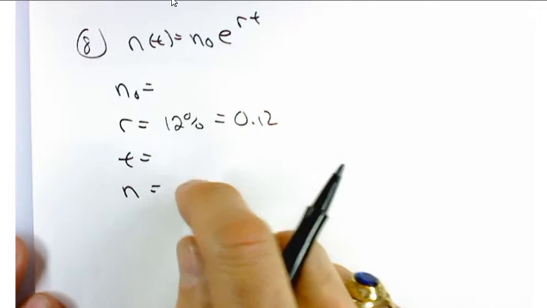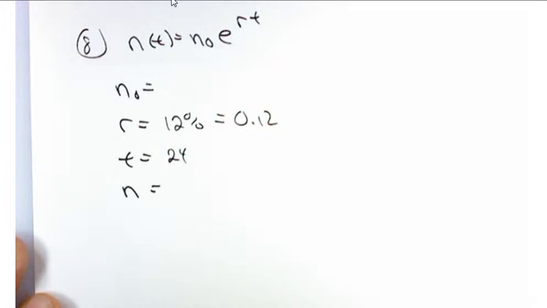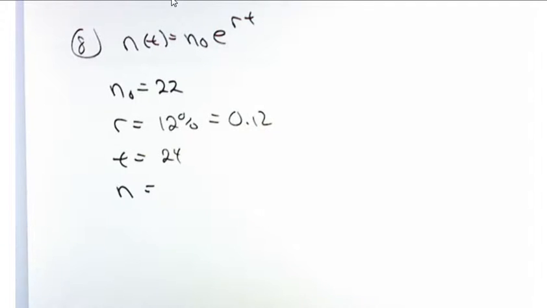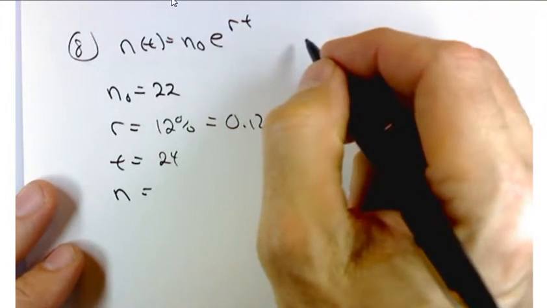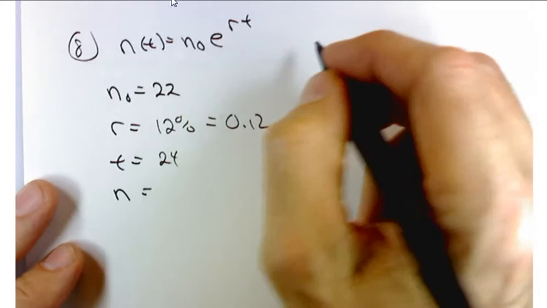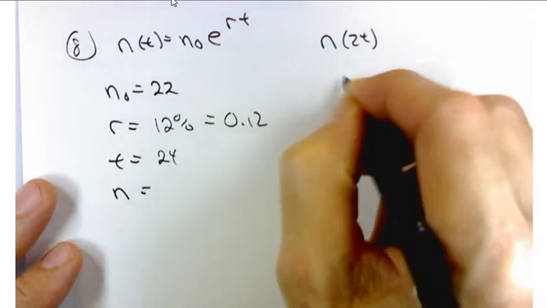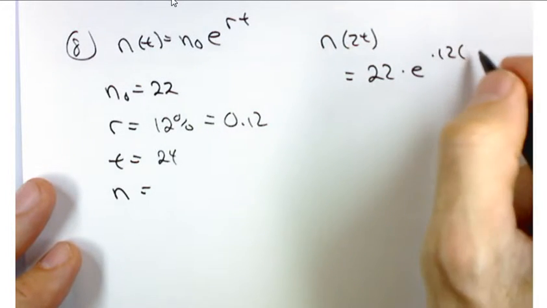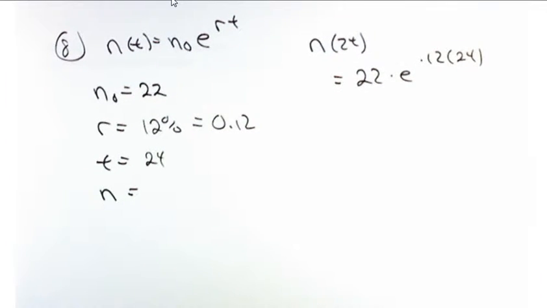Our time was 24 hours. And the initial amount we had was 22. That's not a lot. After 24 hours, I think that's going to change substantially, but we'll see. So N of 24 would be 22 times e to the 0.12 times 24. And that's certainly a number for your calculator.